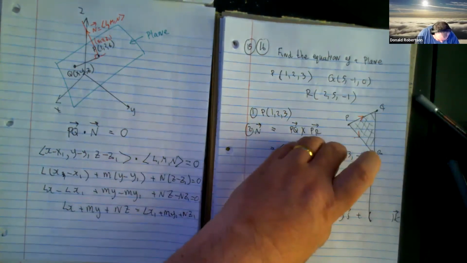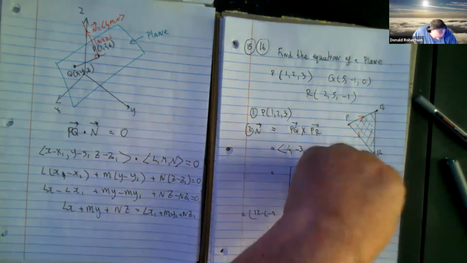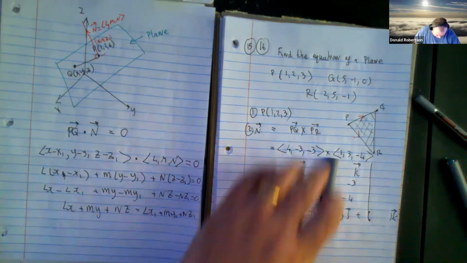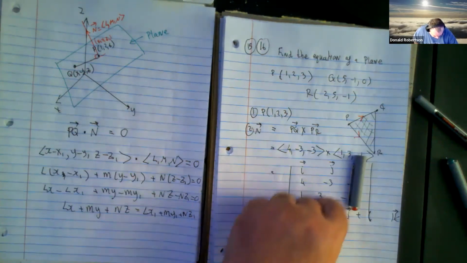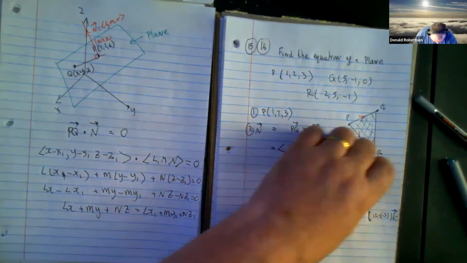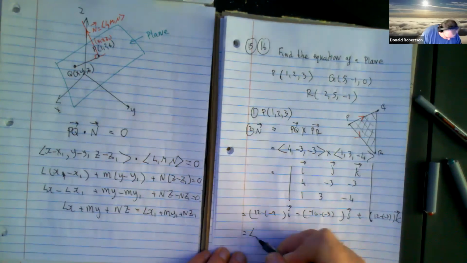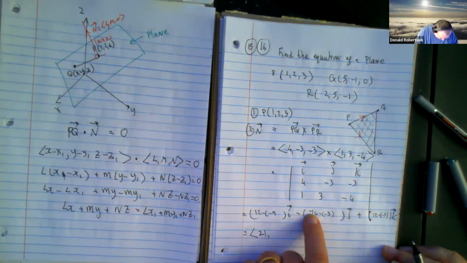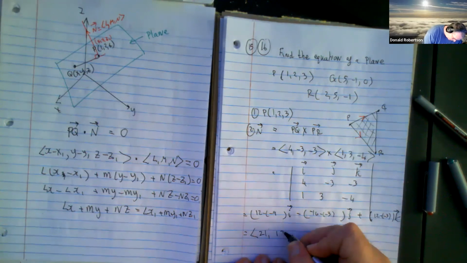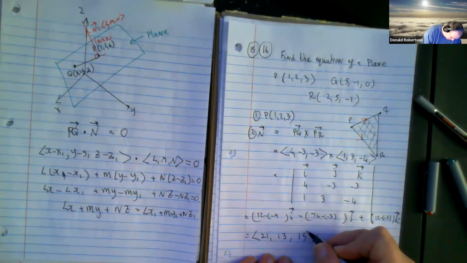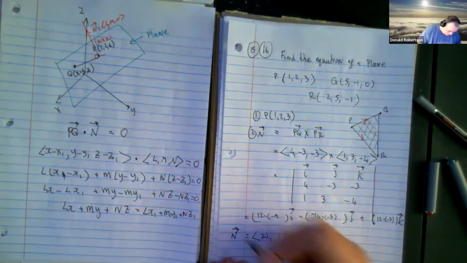If you do the middle one, you get -16, take away -3. If you do the last one, you get 12, take away -3. So that guy add 9 gets me 21. That guy is -16, add 3, which is -13, but then you take the negative of that and you get 13. And 12 add 3, you get 15. We have found the normal.